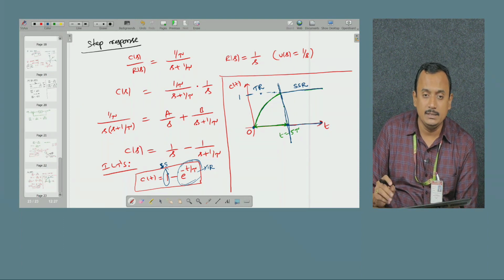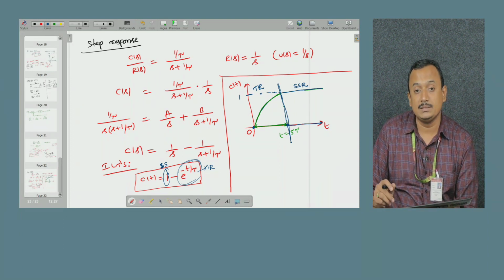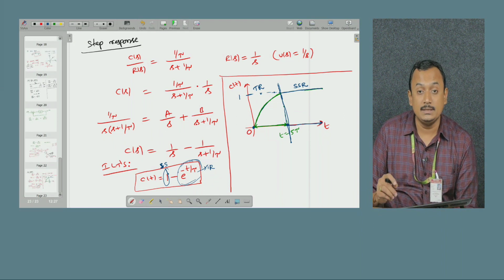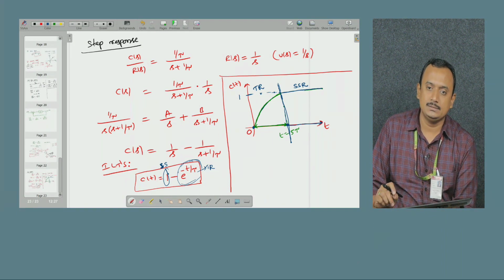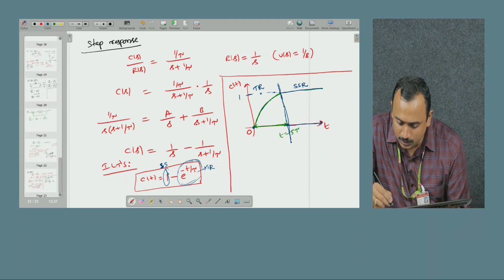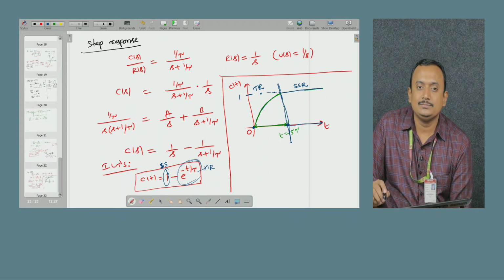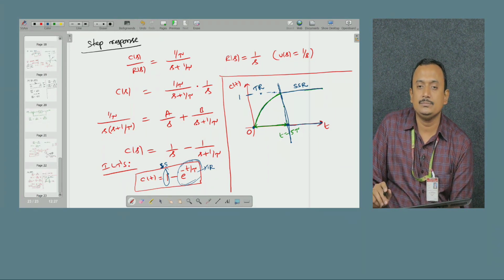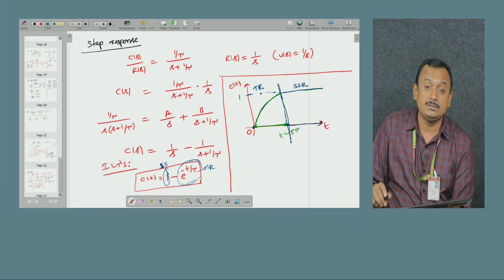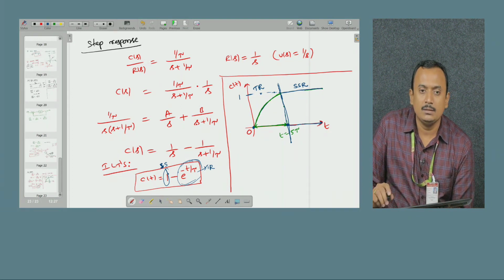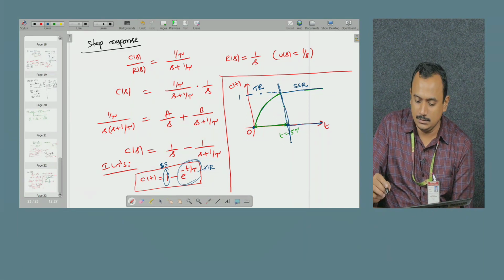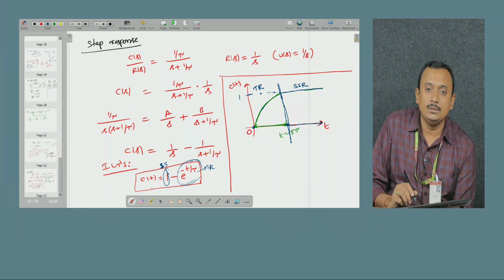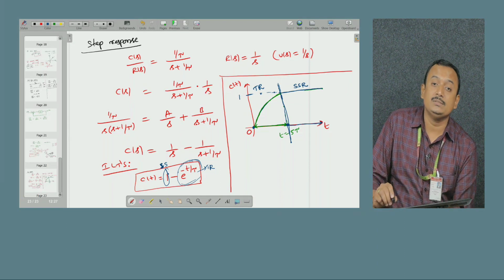As time increases, the transient response vanishes. From 5 tau to t, there is no change in the magnitude of the response, which is equal to 1. That means at the output you are going to see only C of t is equal to 1.